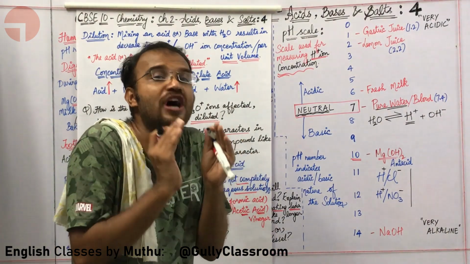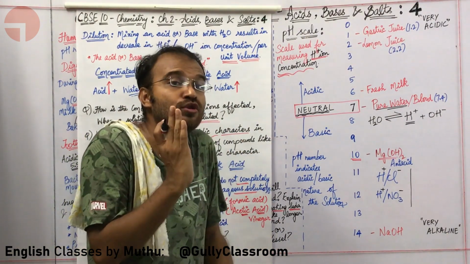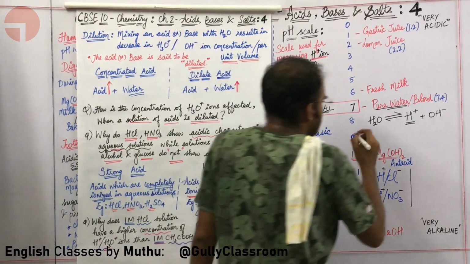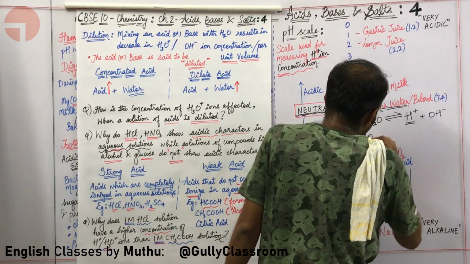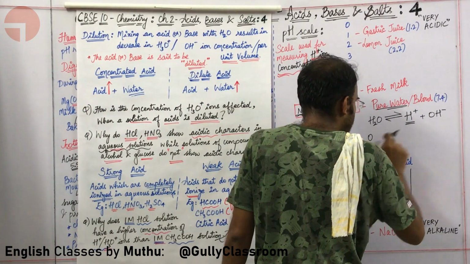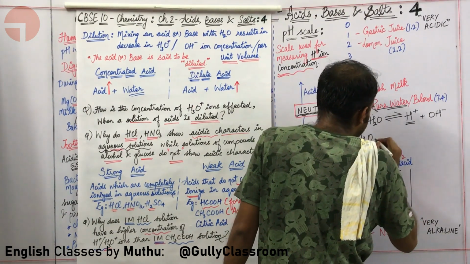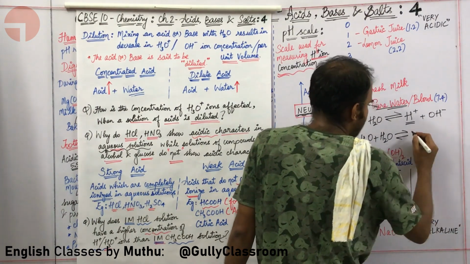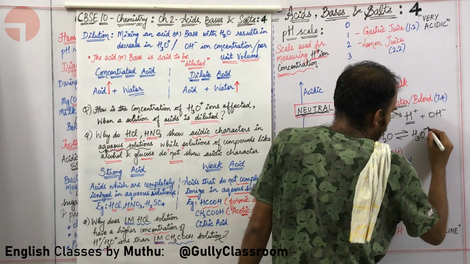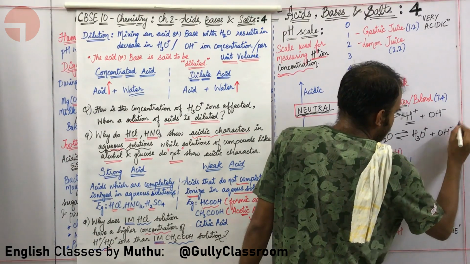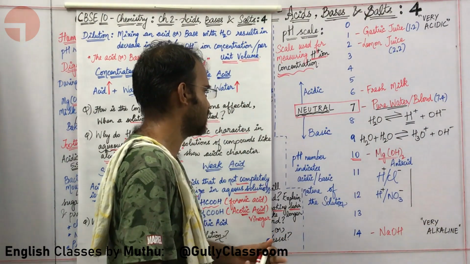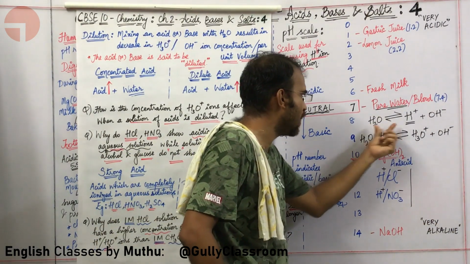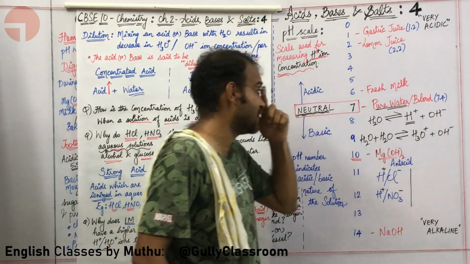It will try to join with another water molecule to form hydronium ion. So I am going to write this particular equation. Water breaks to form H plus and OH minus ions.